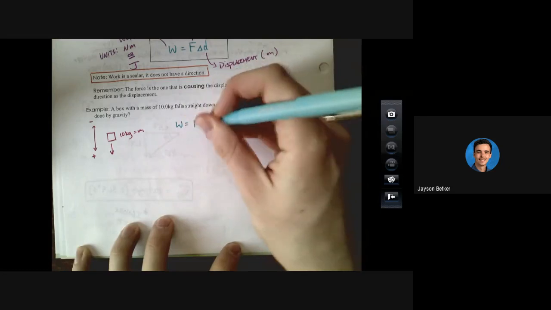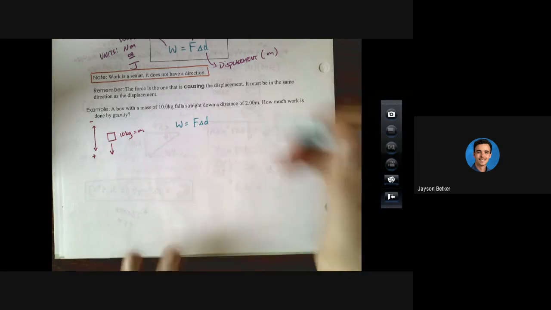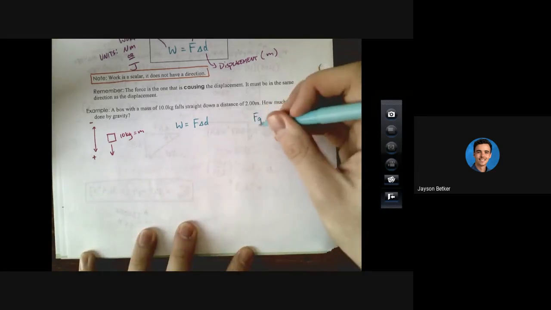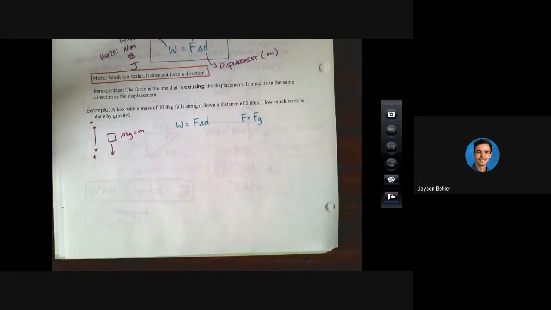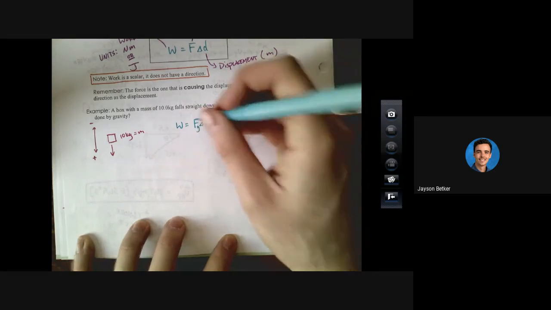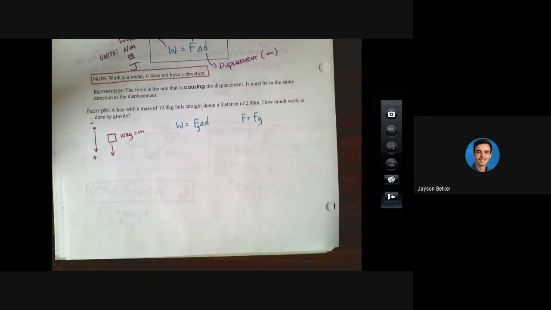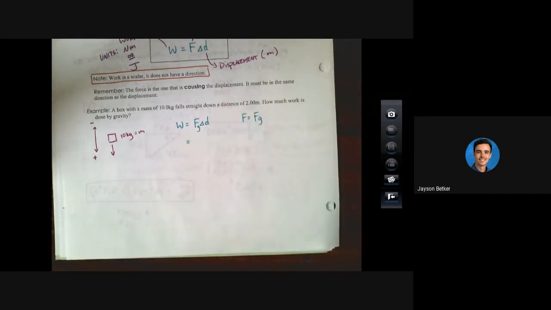Work is equal to the force multiplied by the displacement. Now remember, in this case, because it's falling, the force is going to be equal to the force due to gravity, right? So this is actually going to be Fg. Let's replace Fg with what we've learned in the past.